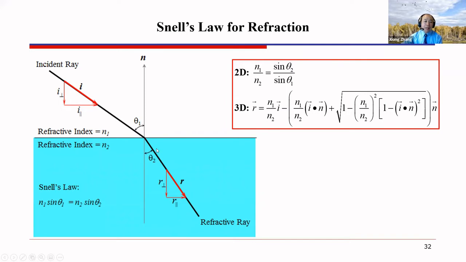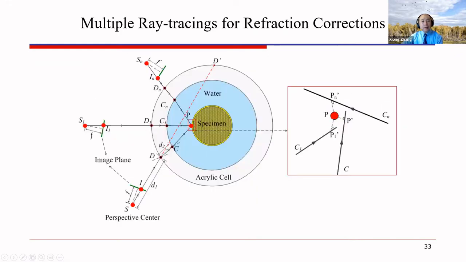For us, because we are doing measurements of 3D objects, we need to rewrite the equation into a 3D formulation. This is the 3D formulation of Snell's law. Okay, so how do we do the refraction correction? This is the idea.